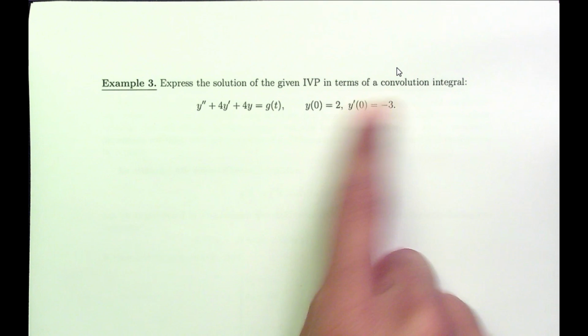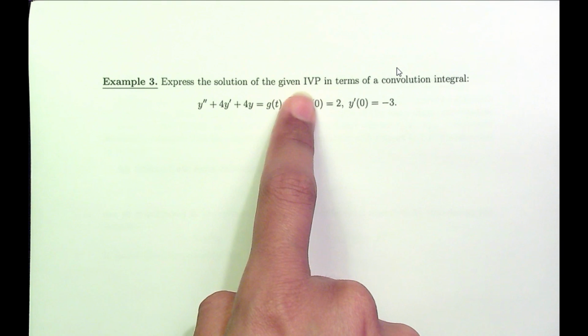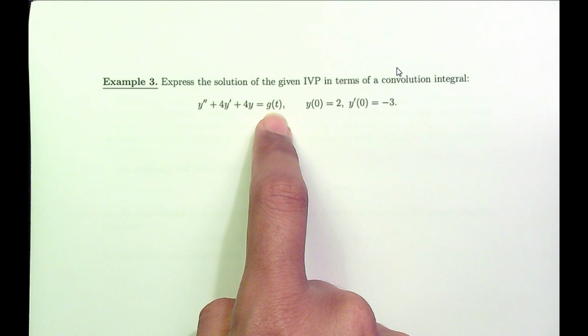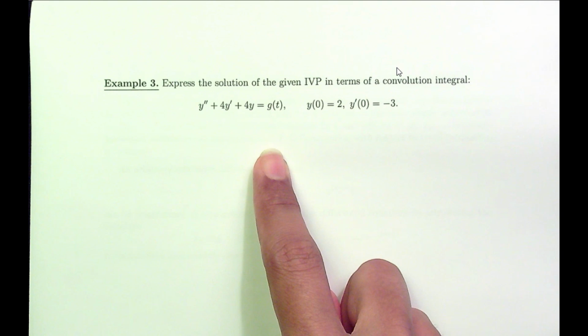We're not going to be able to give an explicit solution, because we don't have an explicit formula for g. G is just an arbitrary function. So we're going to leave the final answer in terms of a convolution integral in terms of g.